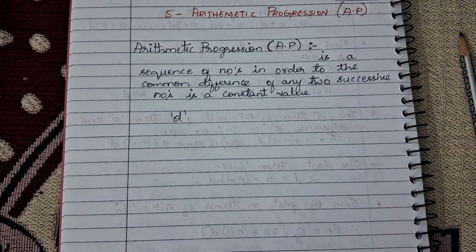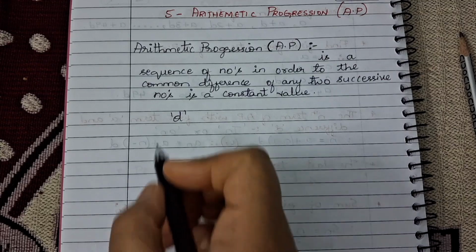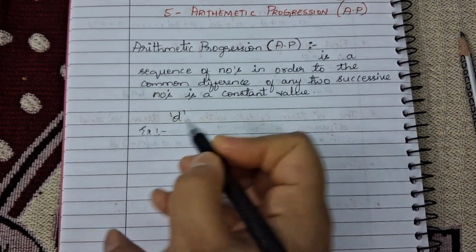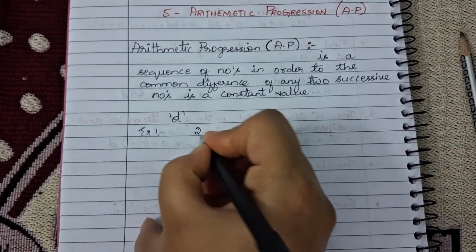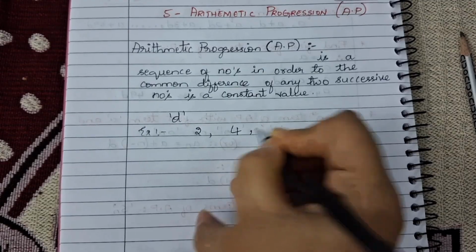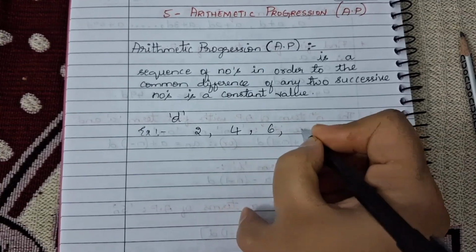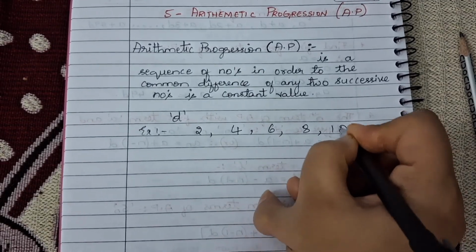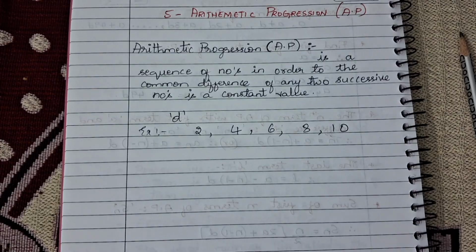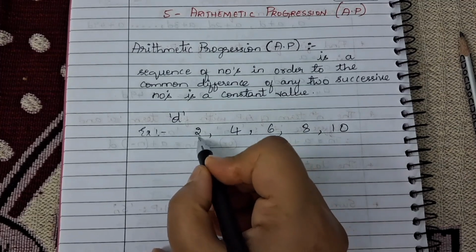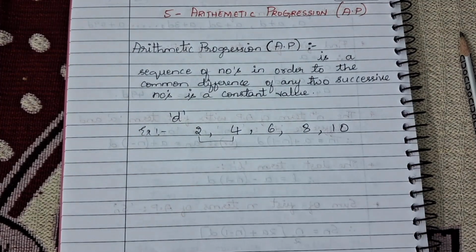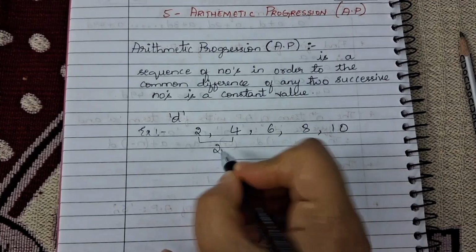Now, for example, how are we going to find it out? Example: 2, 4, 6, 8 and 10. In this, how are you going to find the common difference? We do 4 minus 2. What is the difference between 4 and 2? That is 2.